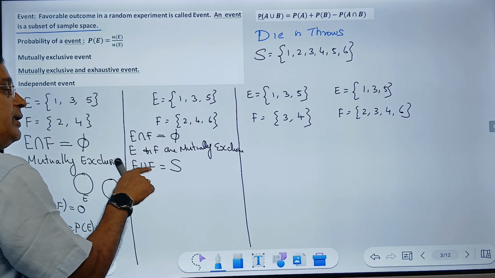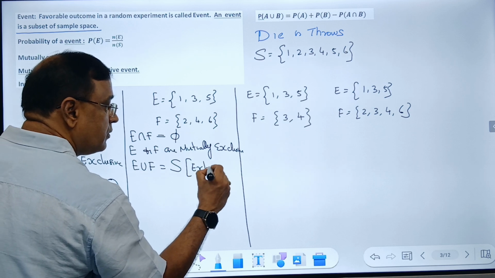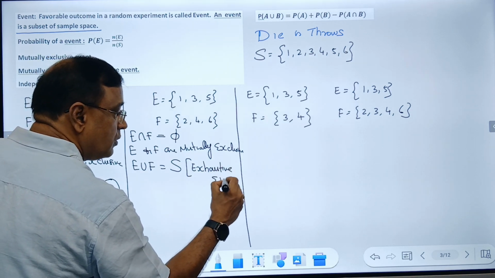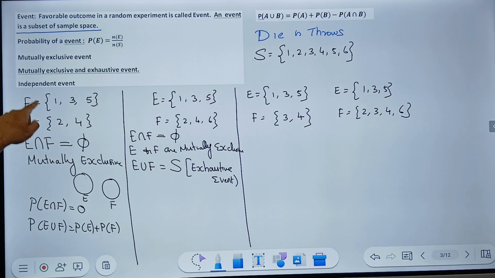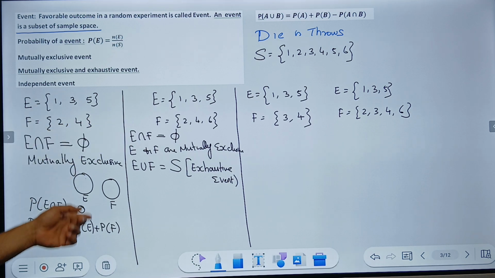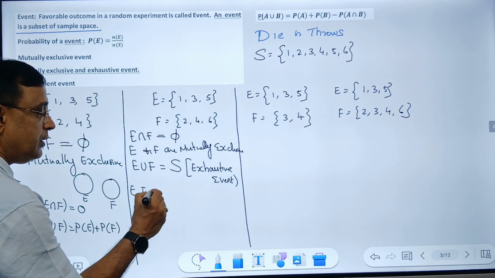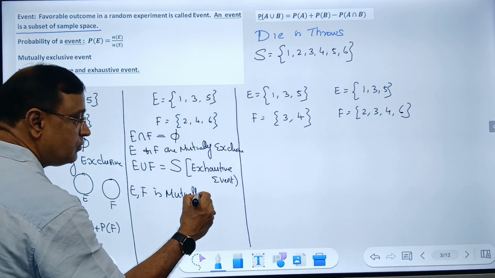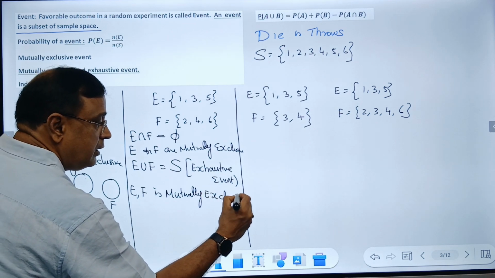If E union F is the sample space, such events are called exhaustive events. The earlier one is only mutually exclusive because there E union F is not the sample space. In this case, E union F is the sample space. So I will say E, F is mutually exclusive and exhaustive.